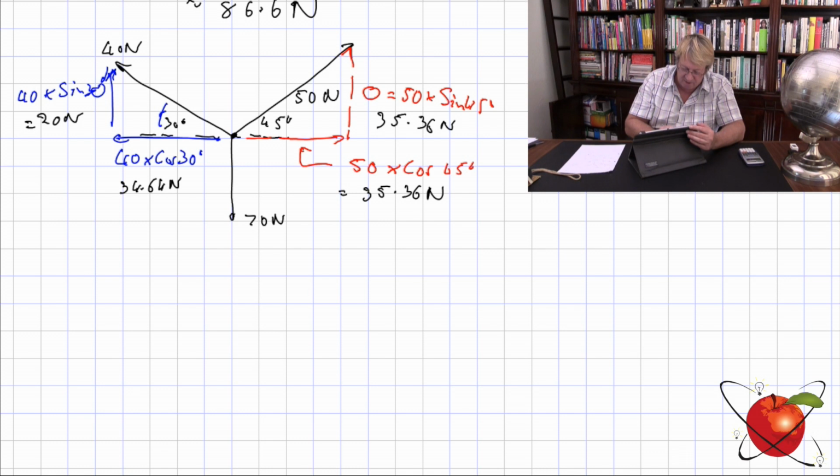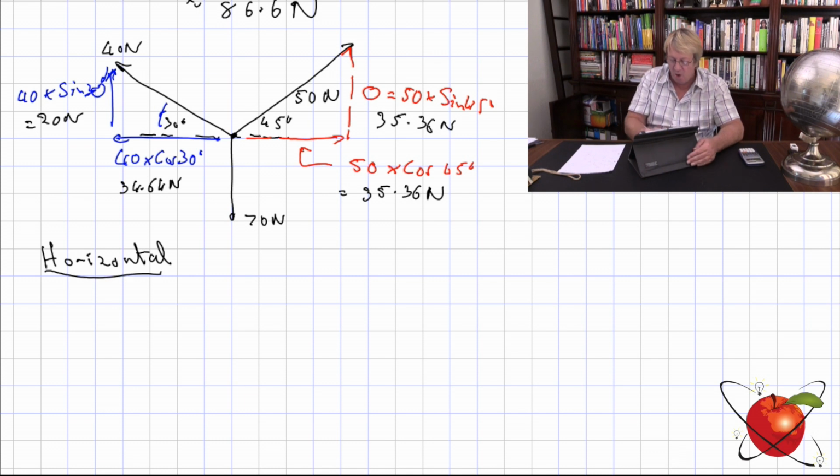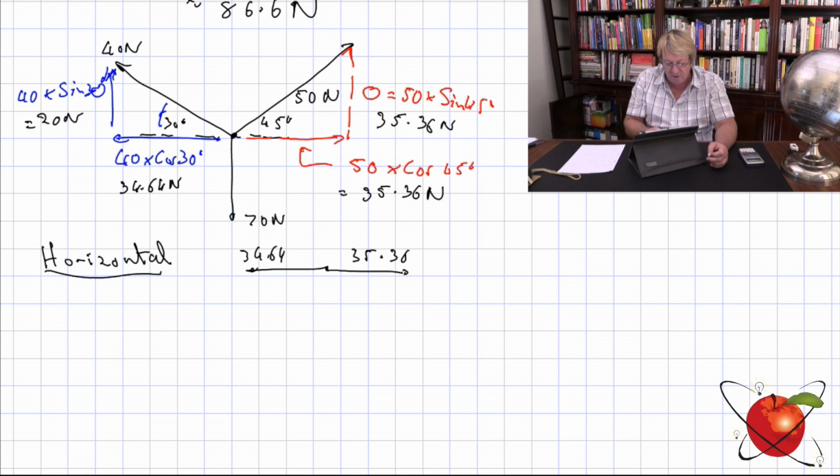So we now say, horizontal direction. We've got, let's do the drawing, 35.36 this way, and 34.64 that way. So you can see that there's a little bit of force. It's not totally balanced in that direction.